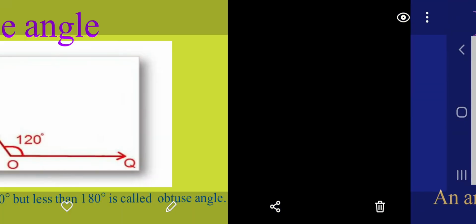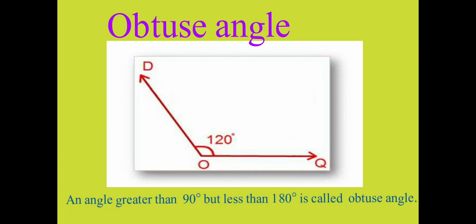Next is obtuse angle. The angle formed in the figure is an obtuse angle. An angle greater than 90 degree but less than 180 degree is called an obtuse angle.